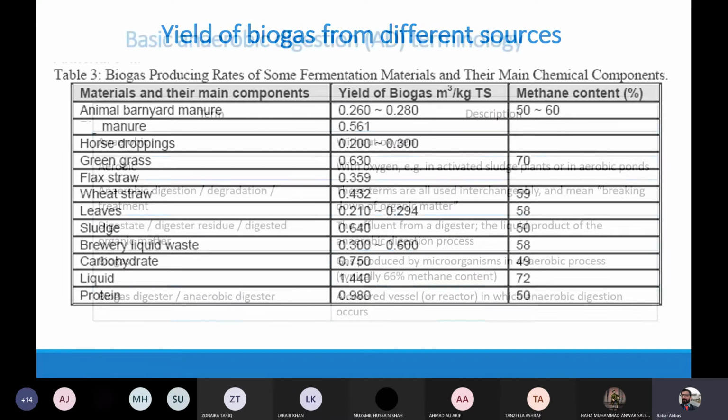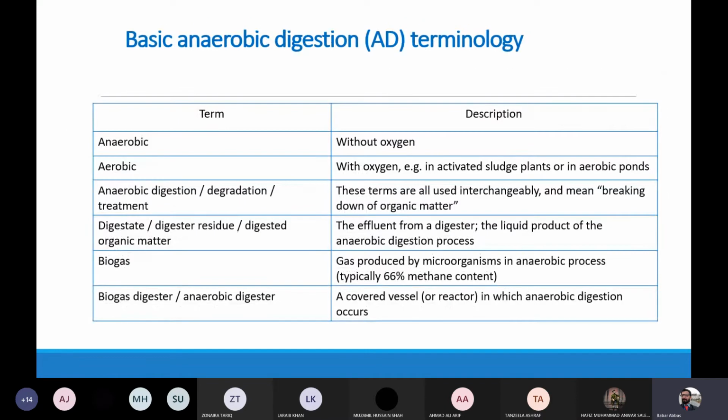So up till now we have discussed a lot of things, concluding towards a very final stage. We know that anaerobic is a process conducted without the presence of oxygen.